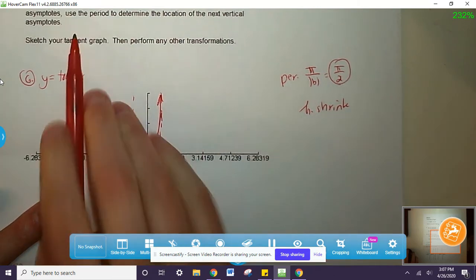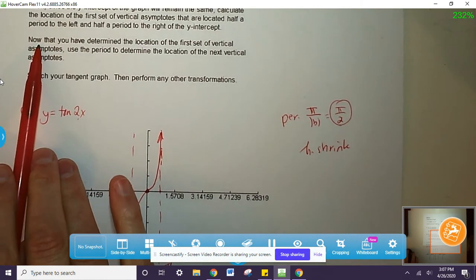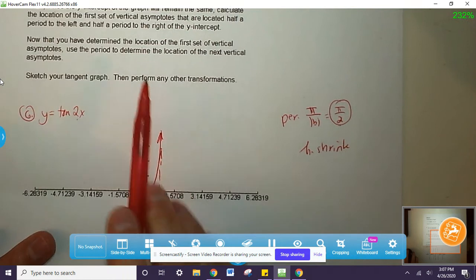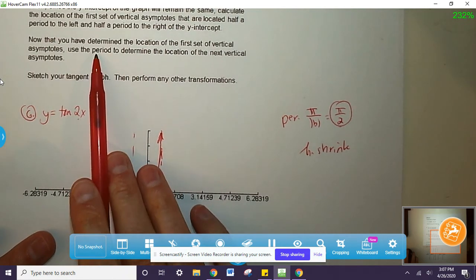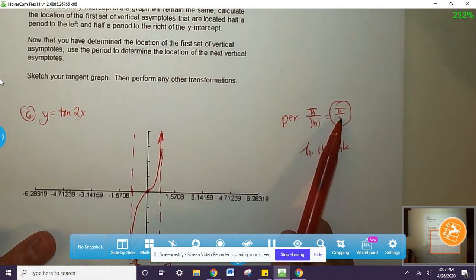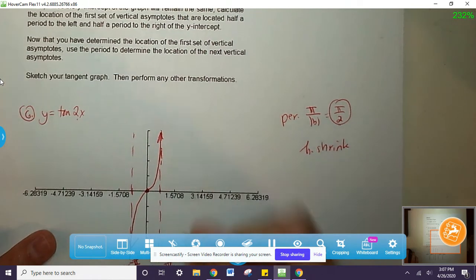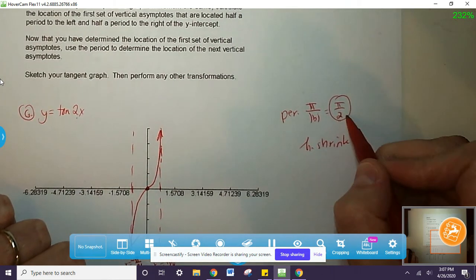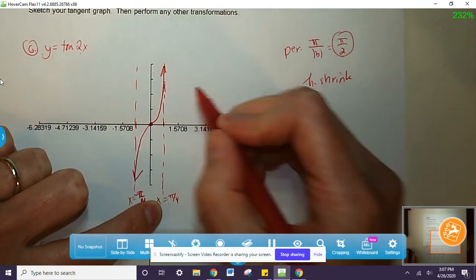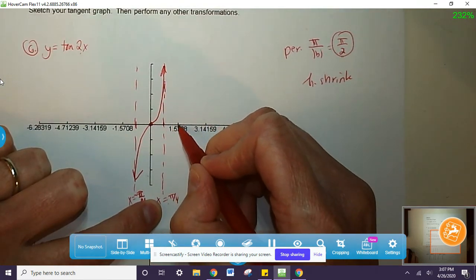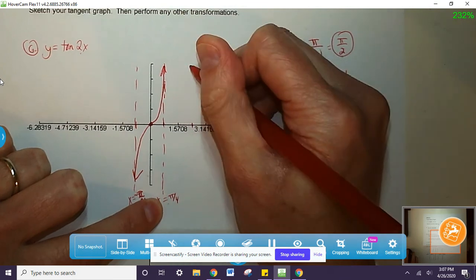So, okay, back to the instructions that I actually have here. Now that we determined the first location of the first set of vertical asymptotes, use the period to find the next ones. So if there's a vertical asymptote here at pi over 4, then pi over 2 away, there should be another vertical asymptote. So this distance is pi over 4, and if I get to here, it's another pi over 4.